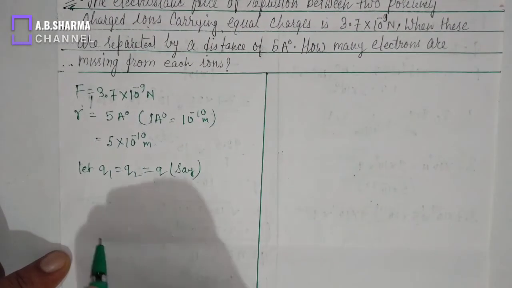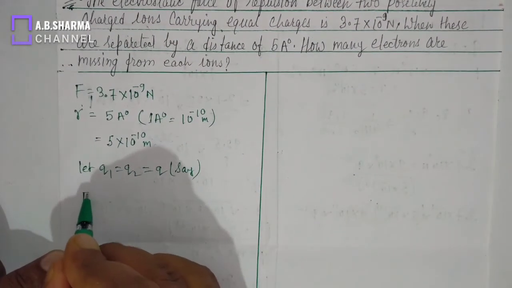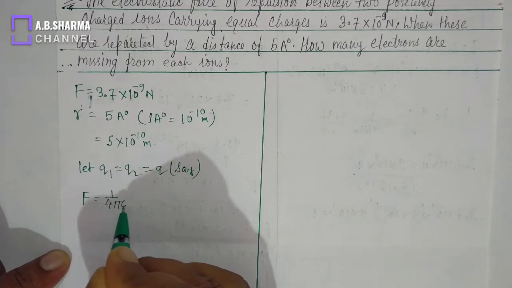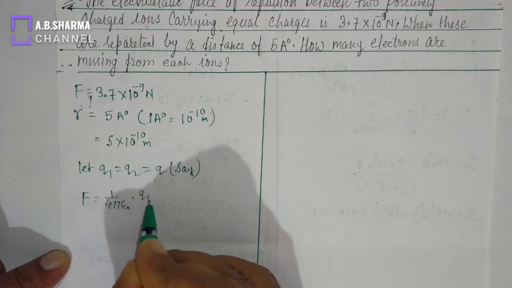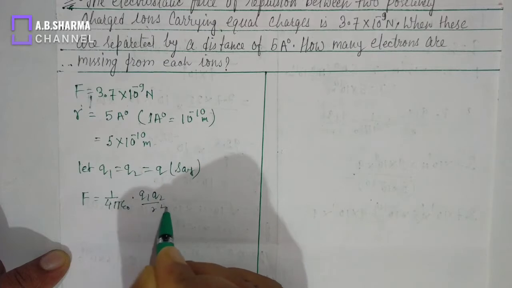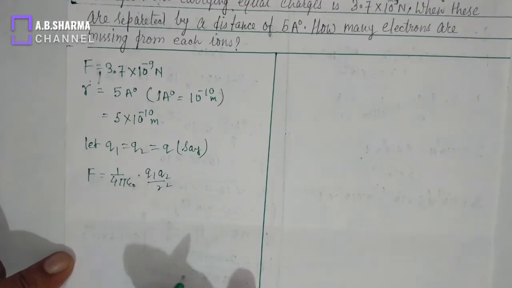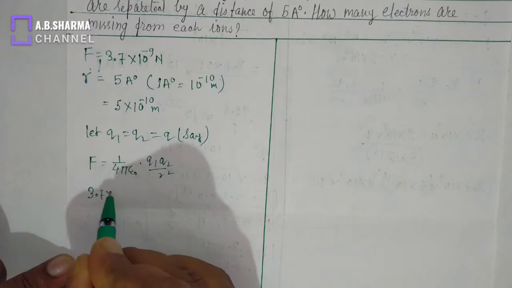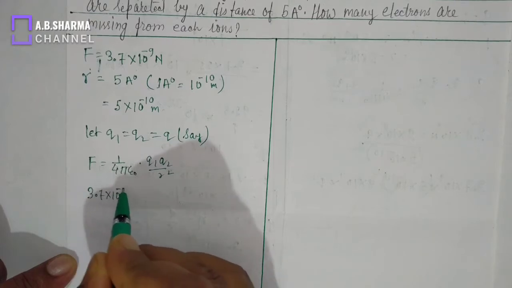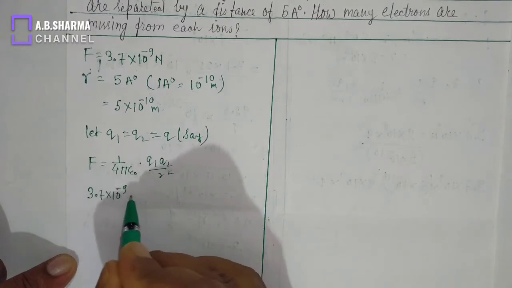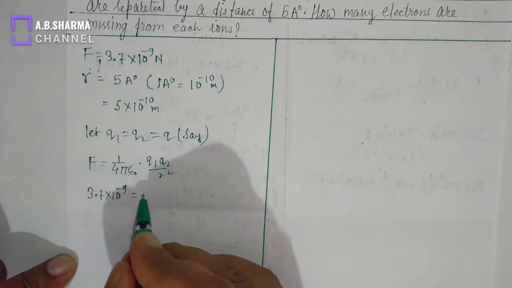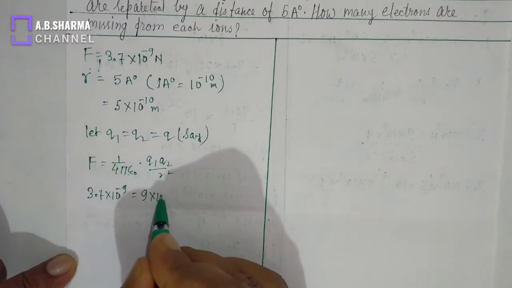Now put the formula using Coulomb's law. We know that F equals 1 by 4 pi epsilon naught Q1 Q2 by R square. This is the formula of Coulomb's law. Put the values. F equals 3.7 into 10 to the power minus 9, and the value of this constant is 9 into 10 to the power 9.